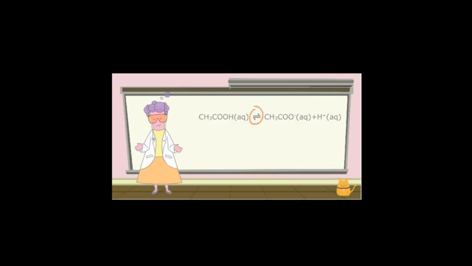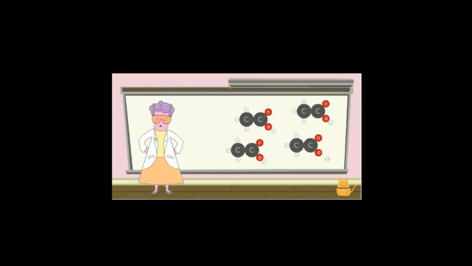Because of the poor conductance, we know that the majority of the solute molecules exist as acetic acid molecules, while only a few break apart into the respective ions. In order to maintain these concentrations, if another acetic acid molecule breaks apart in the solution, then somewhere else in the solution, an acetate ion and a hydrogen ion recombine to make a molecule of acetic acid.